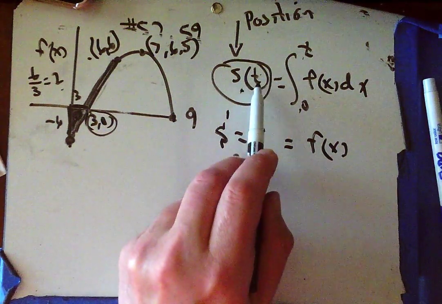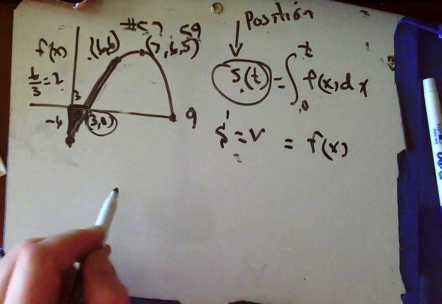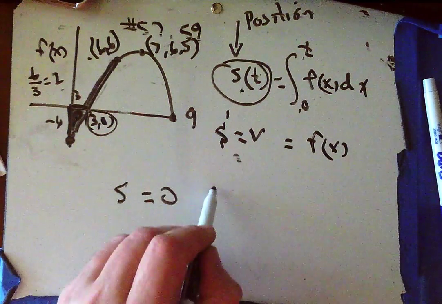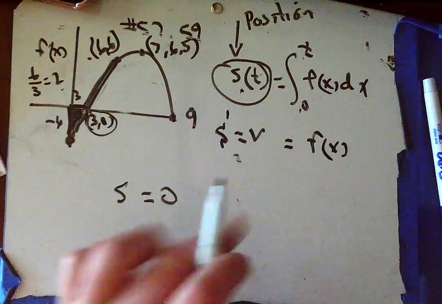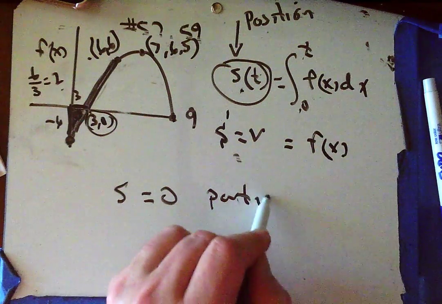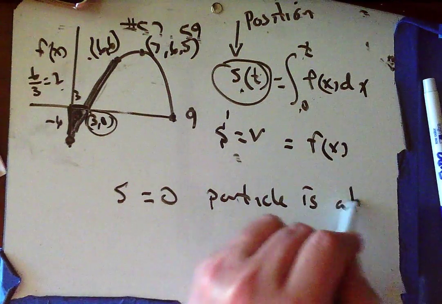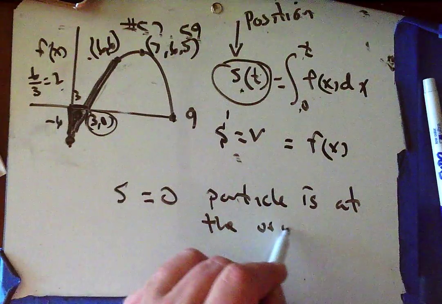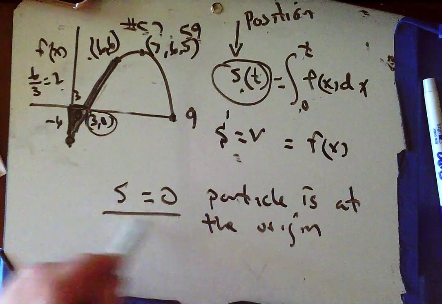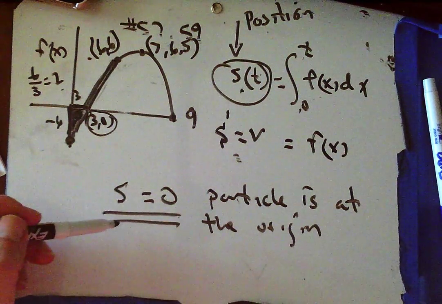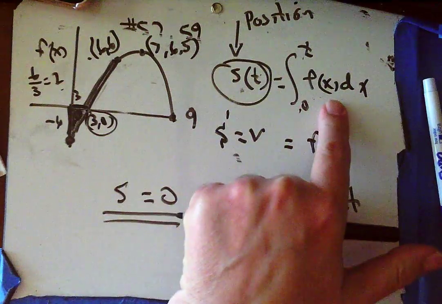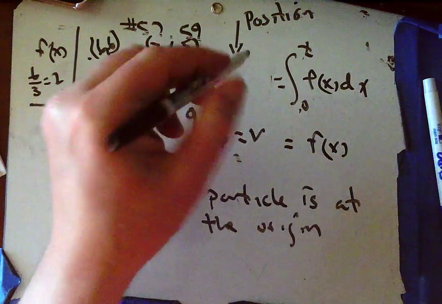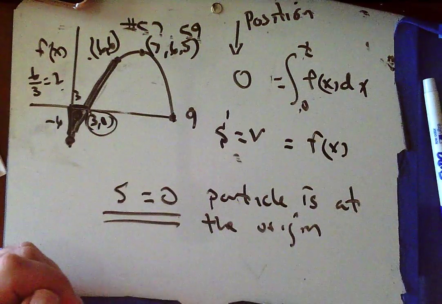Not position at time equals 0, but when position equals 0, the particle is at the origin. Okay, so how is position defined here? Position is this integral. So I want to know when that integral is equal to 0.